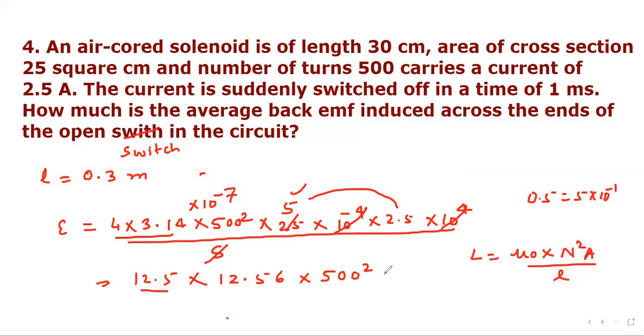So minus 7 was missing. So here we have to write it as minus 7. And then we simplify it. So it will come out to be 6.542. That's the answer. Thank you for watching.